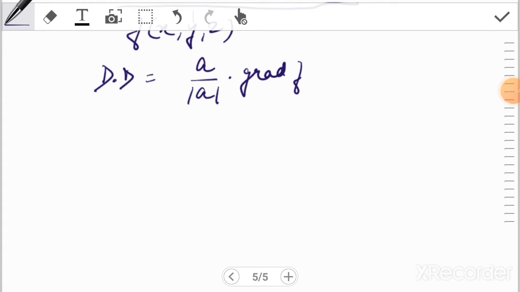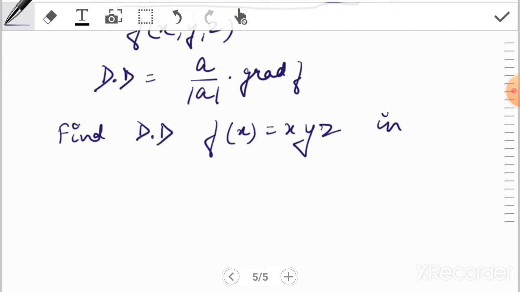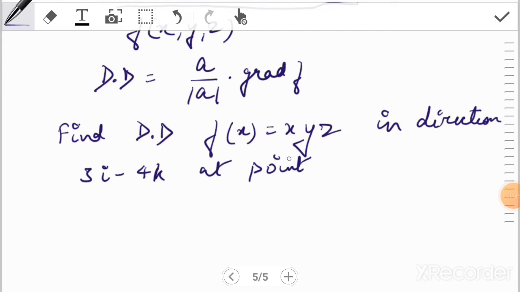Let us have an example. Find the directional derivative of the function in the direction of 3i minus 4k at the point 1, minus 1 and 1.